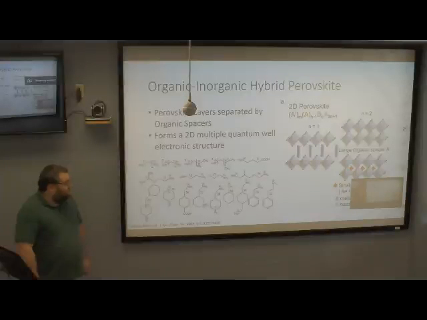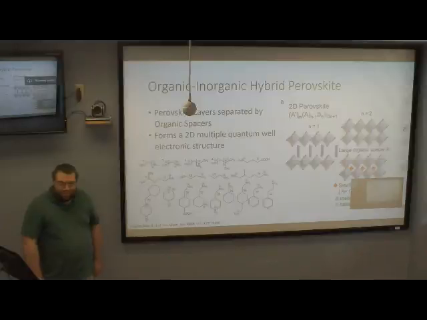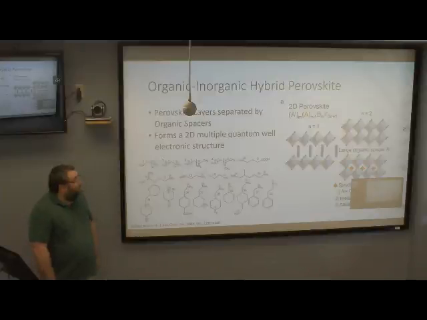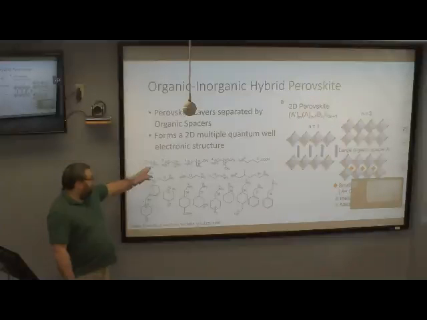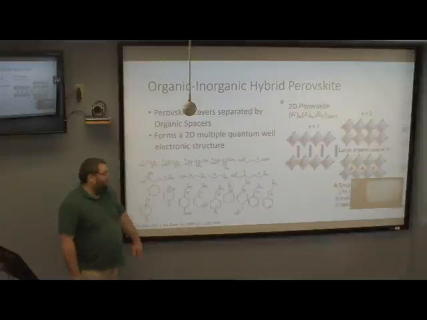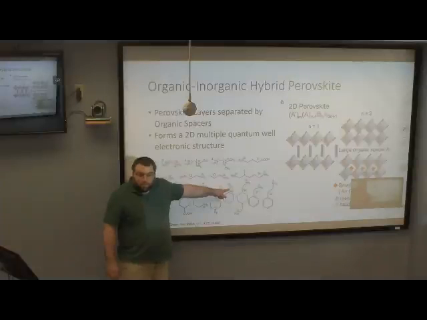So these are some of the possible molecules that can act as the organic spacer in the hybrid perovskite. So what is the main feature of this molecule? The main feature is you're going to have an ammonium, or in a few cases phosphate.